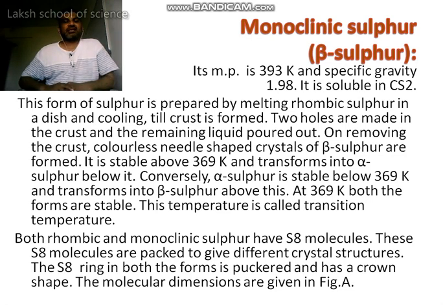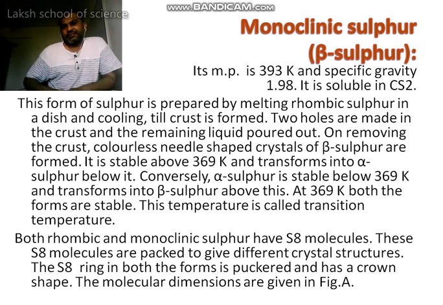The transition temperature is 369 Kelvin. Above 369 is monoclinic and below 369 is rhombic sulfur. Conversely, alpha sulfur is stable below 369 Kelvin and transforms into beta sulfur above this. At 369 Kelvin, both the forms are stable. This temperature is called the transition temperature. So this point you have to remember: what is the transition temperature.